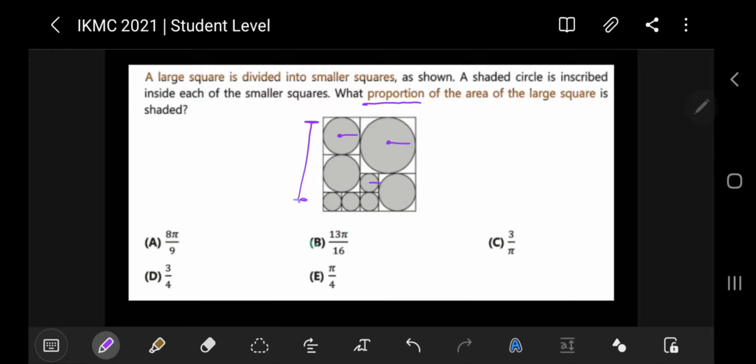Let's just do it on a bigger diagram. I've extracted this. Let's work on this. Now there are many ways to go around this, but I prefer to start with the smallest circle. So let's assume that the radius of this smallest circle is a.